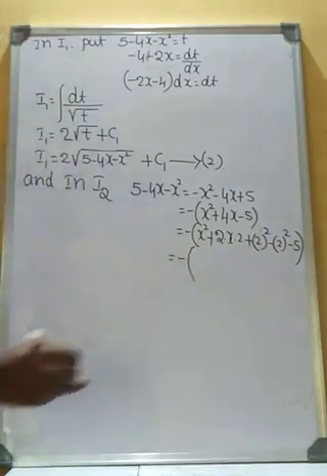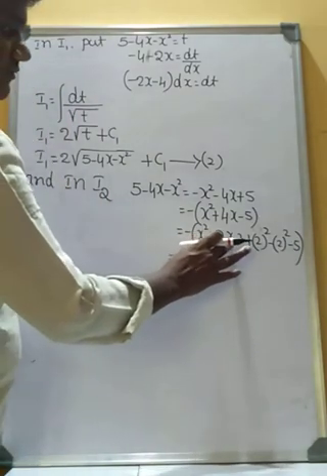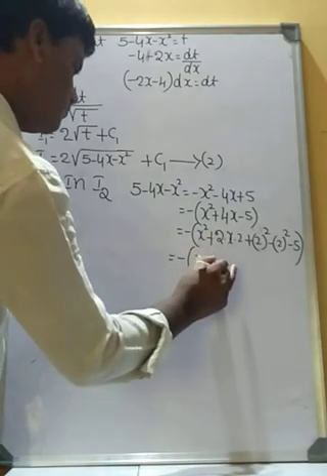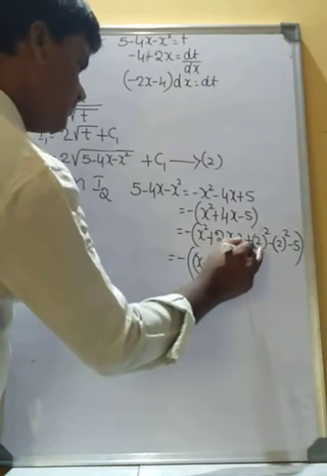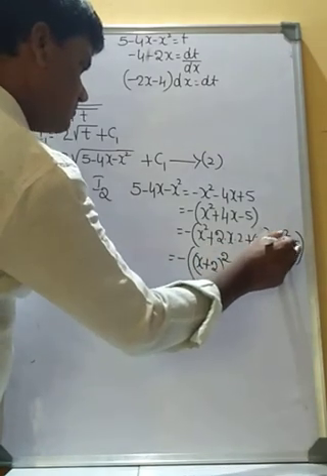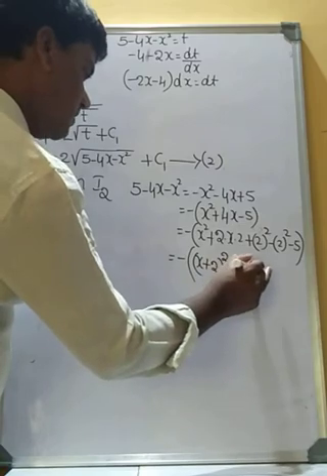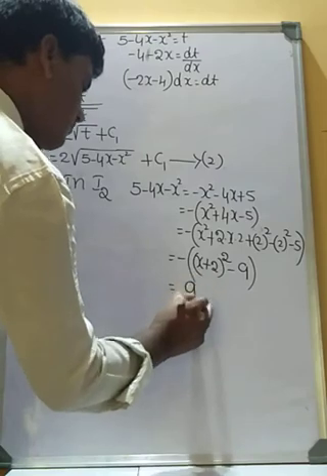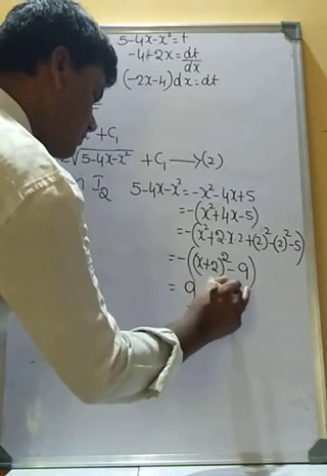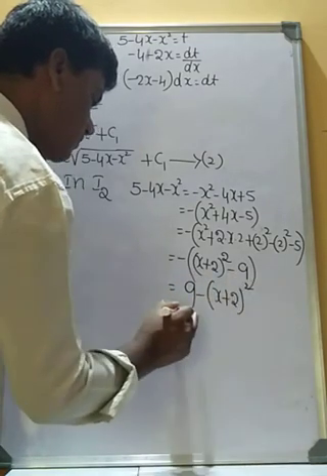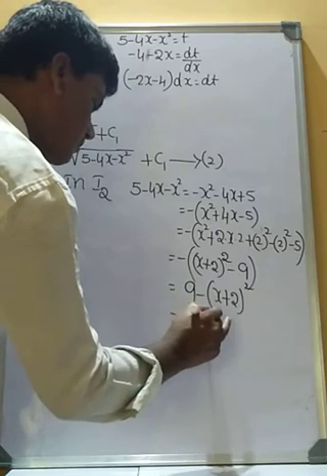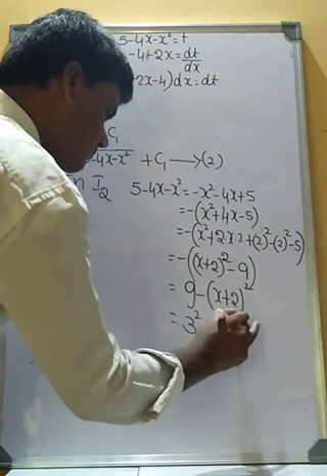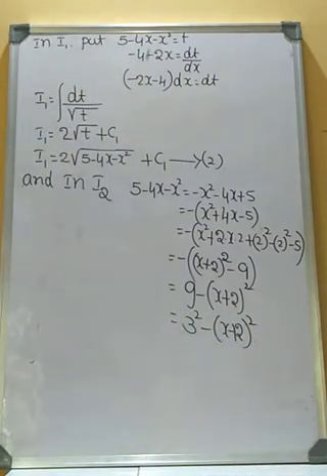Equals minus of x square plus 2x, that is minus of (x plus 2) whole square minus 2 square, which is minus 4, minus 5 is minus 9. That is equal to plus 9 minus of (x plus 2) whole square. 9 can be written as 3 square minus of (x plus 2) whole square.